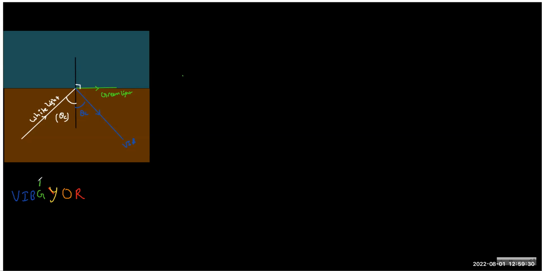Green is suffering refraction, right? The critical angle is given for green. So we haven't achieved the critical angle of YOR, which means they will go on the other side. And yellow will go maximum. Yellow, orange, and red.